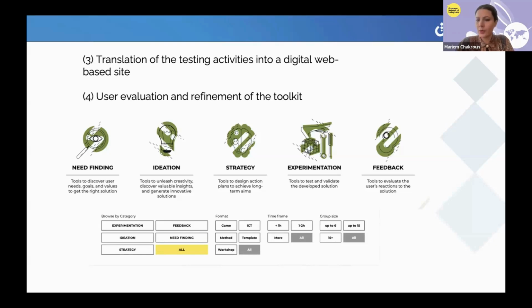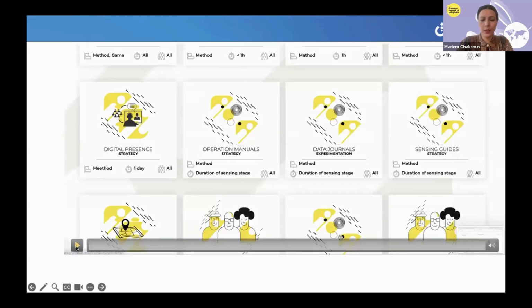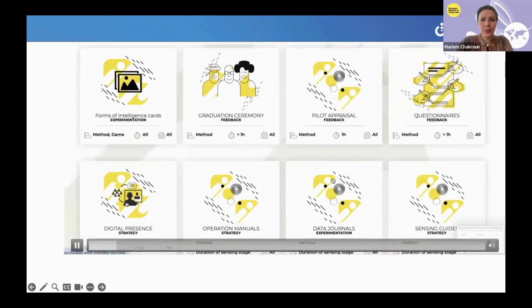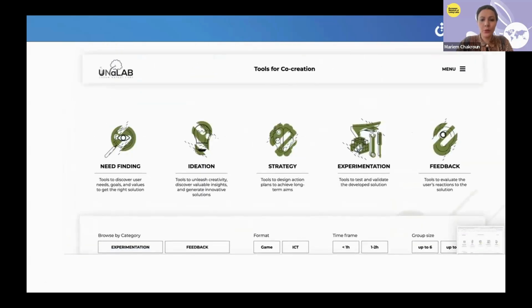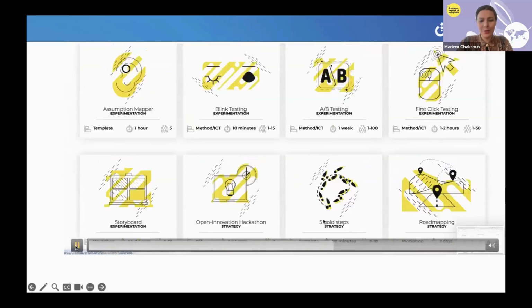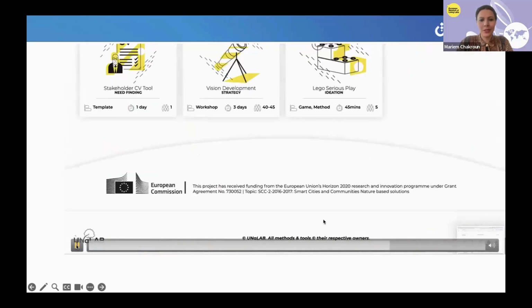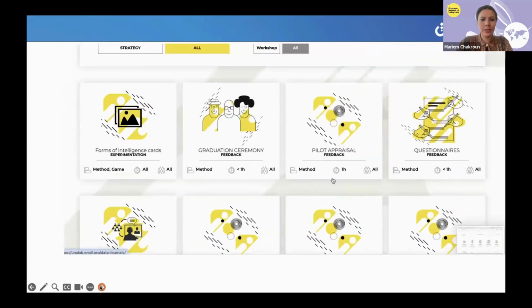So you can also define the group size, and based on these elements, you can find the appropriate tool. And here you can see how you can browse the different tools on the toolkit website. And I will share, of course, as mentioned earlier, the link in the chat so you can explore more.